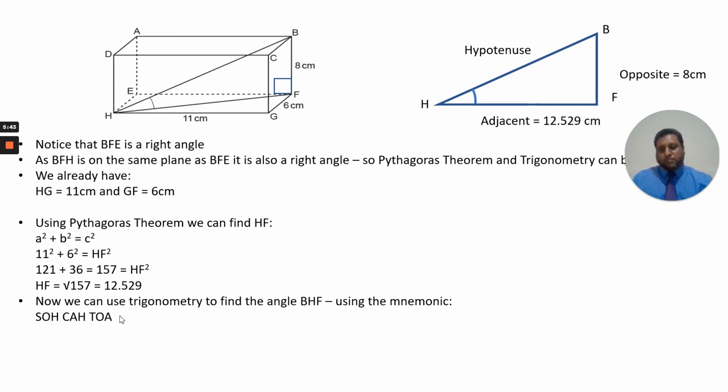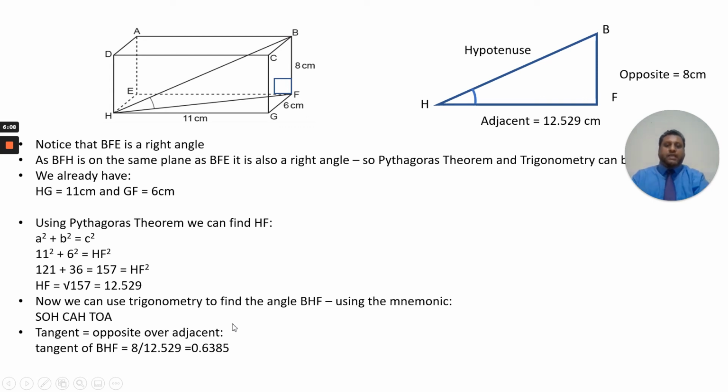So it's most appropriate to use the tangent. So tangent is the opposite divided by the adjacent. So we get the tangent of BHF is 8 centimeters divided by 12.529 centimeters, giving us a ratio of 0.6385.